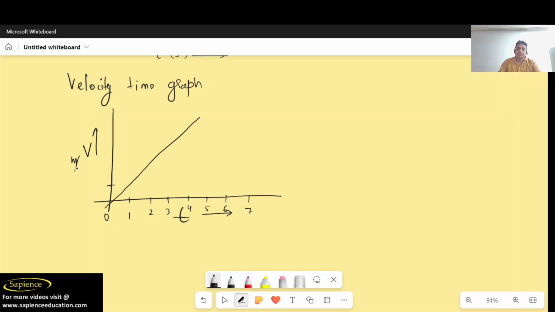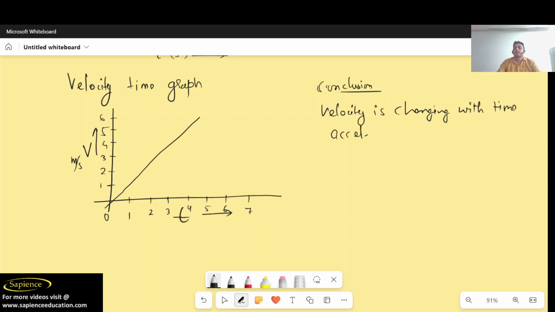Velocity in meter per second will be 1, 2, 3, 4, 5, 6 meter per second. So in each and every second, the conclusion we can draw from the velocity time graph is that velocity is changing with time. So either there will be an acceleration or deceleration, so we can say that motion is accelerated.